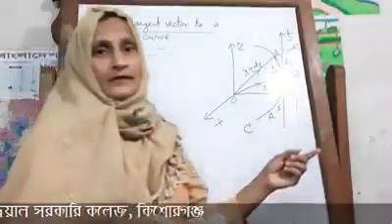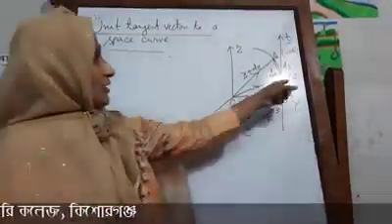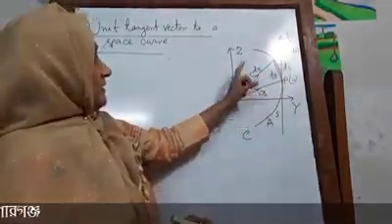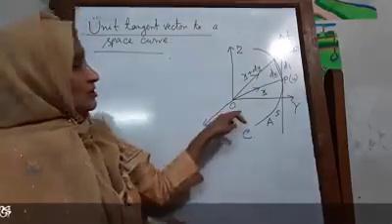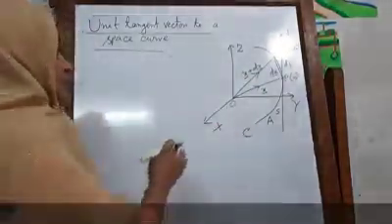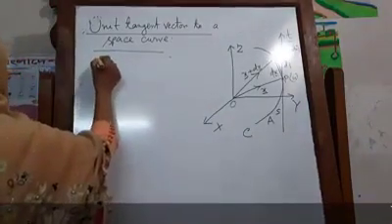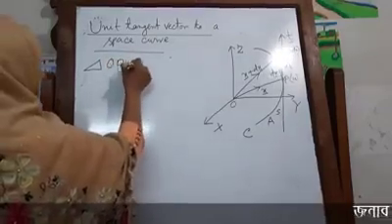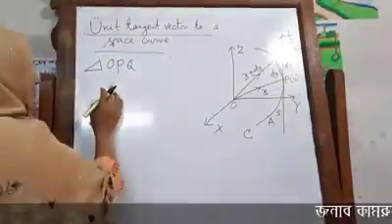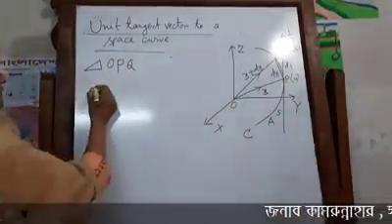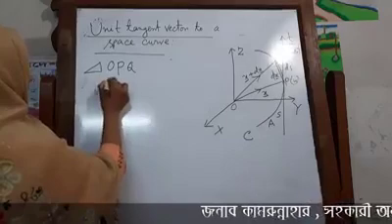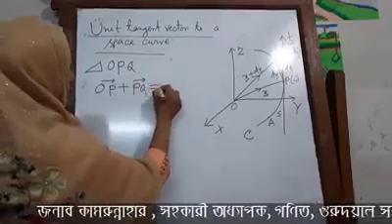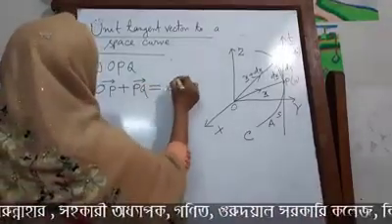Now, dear students, here the position vectors of P and Q, respectively, are x and x plus δx, referred to origin O. In triangle OPQ, by the triangle law, we find vector OP plus vector PQ is equal to vector OQ.